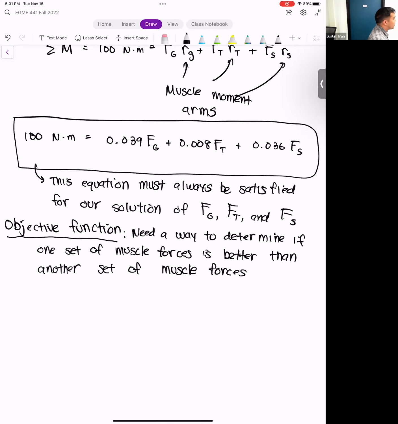So you have to come up with your own objective function. Right? And so we have to basically come up with a way to say, what's the best way? How can we rate this?